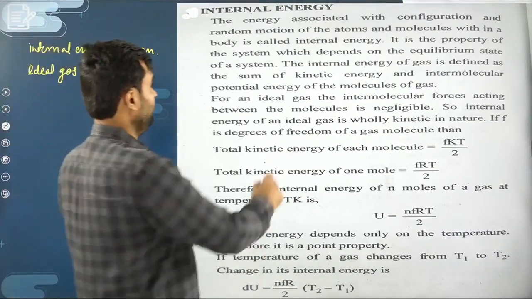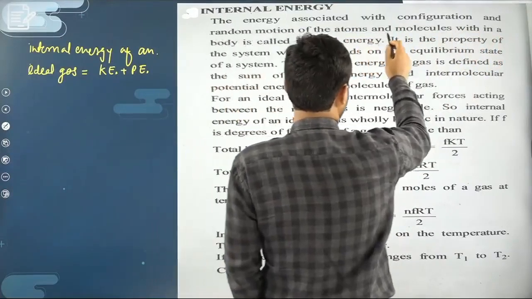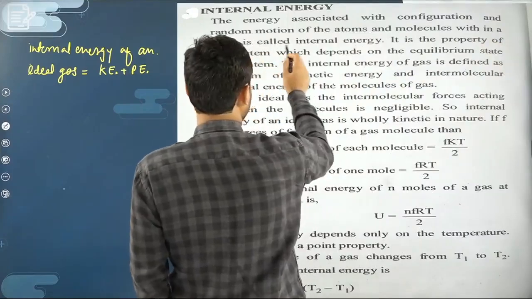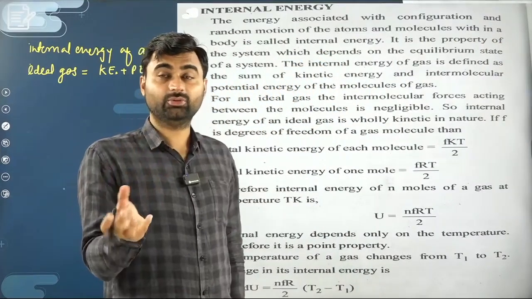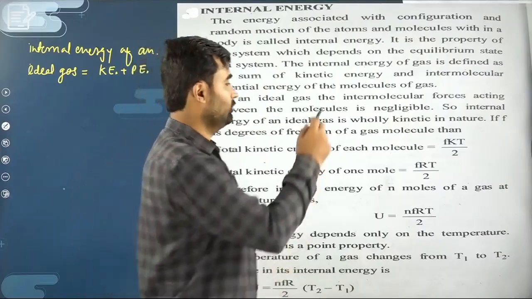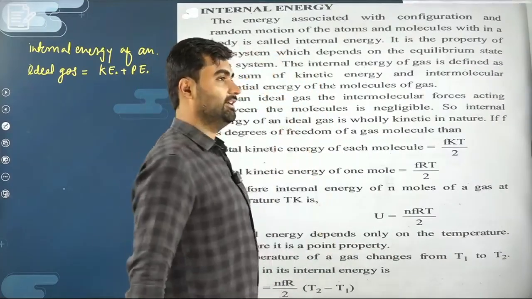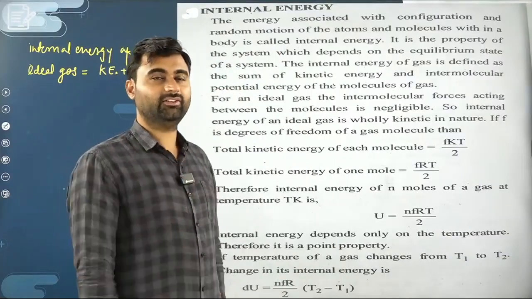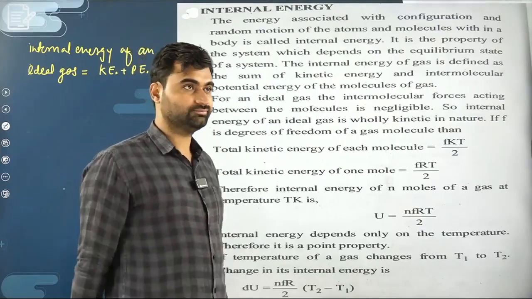Okay. So the energy associated with configuration and random motion of the atoms and molecules within a body is called internal energy. Potential energy is energy due to the configuration, and random motion means kinetic energy, because kinetic energy depends on motion, velocity.